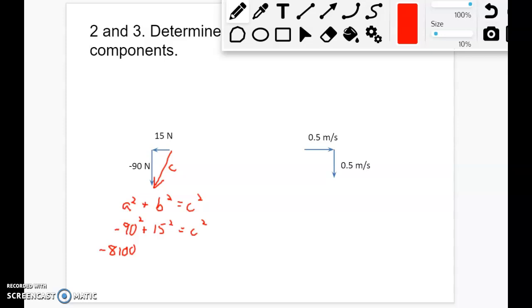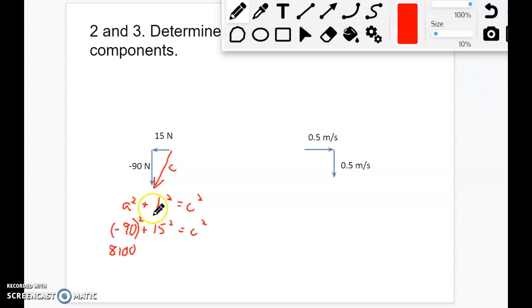So if you're able to put parentheses on your calculator, put negative 90 in and square it. Or just forget about the negative, and that's fine too, because the negative really is just telling direction, and here we don't have to worry about it. And so we should end up with positive 8,100 when we square negative 90.